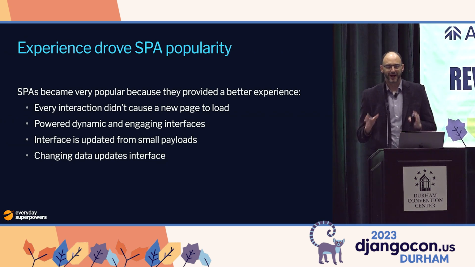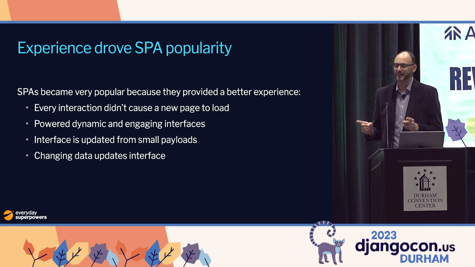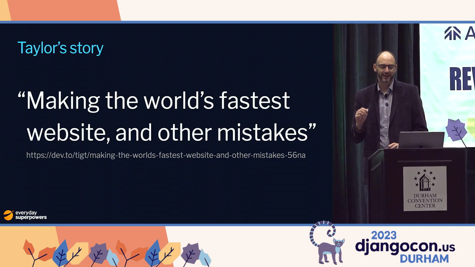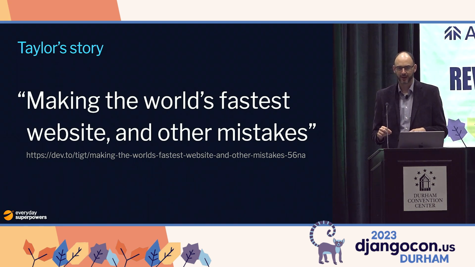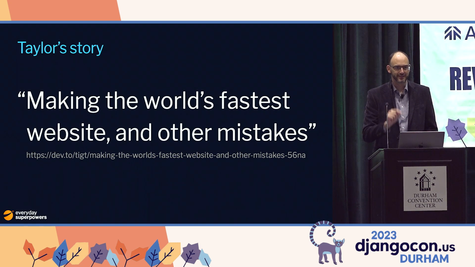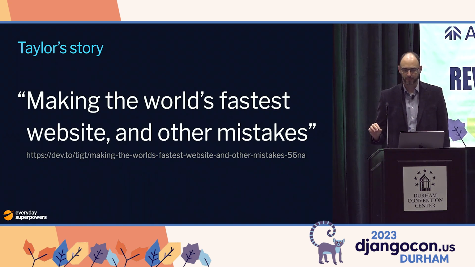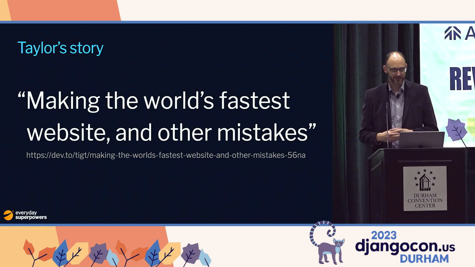So I hope to inspire you by this real-life story from a developer named Taylor Hunt. He made an incredible 5-piece blog series that inspired me to write this talk. And it's incredibly relevant for you today because of the new capabilities of Django and Python. His first blog post was entitled, Making the World's Fastest Website and Other Mistakes.